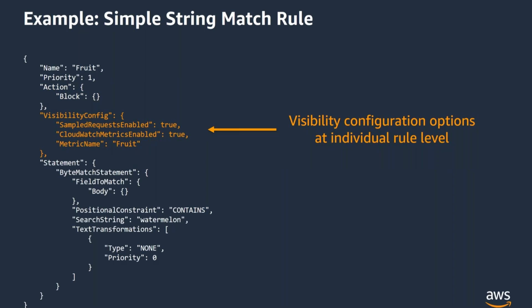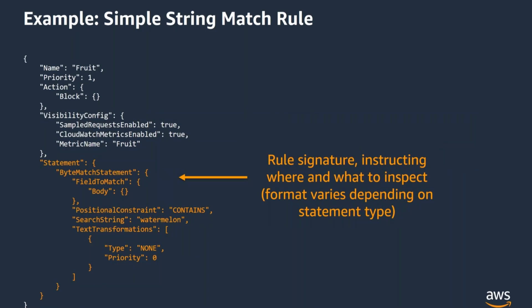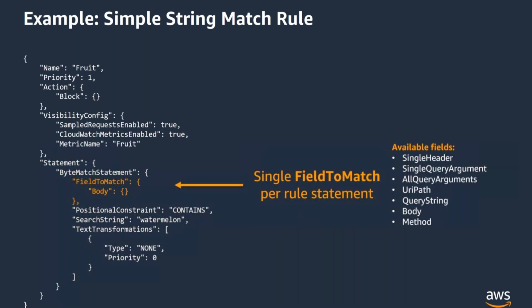Again, you have a visibility configuration similar to the web ACL that I explained, but this is for the rule level. And then you get to our rule signature, which tells you what to inspect. And this format varies depending on which rule statement that you're using. Going in slightly deeper, the field to match tells us where to look within the request.